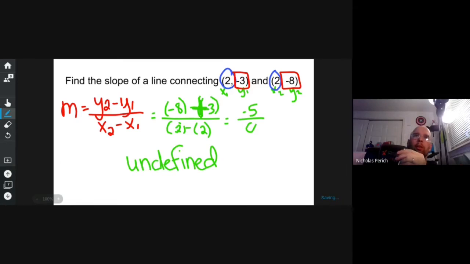Only the x's are the same, and we could just not do any work and say undefined because the x's are the same. And that makes sense because if I have the point 2, negative 3 and 2, negative 8, you're going to have a dot on top of the other dot, which is going to be a vertical line. And last time I checked, up and down is undefined.